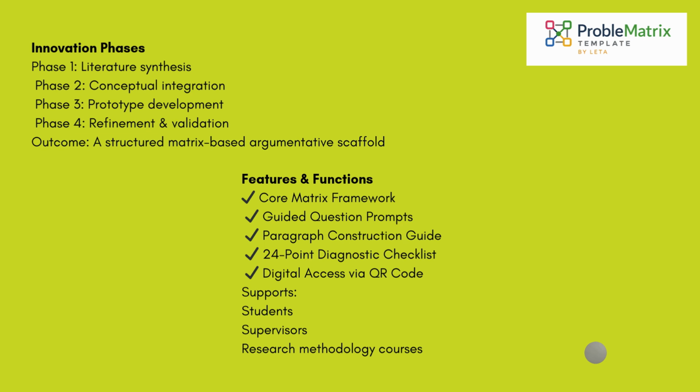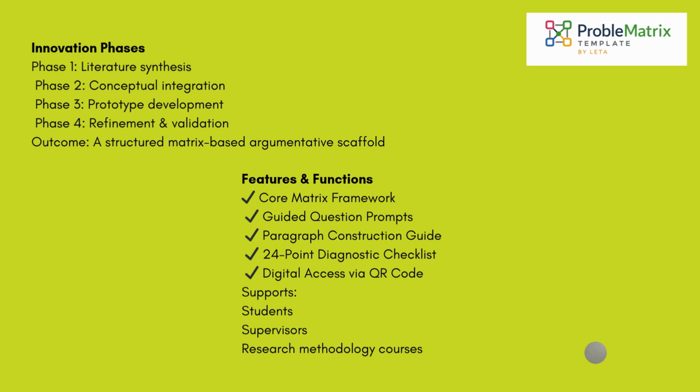Followed by phase three, which is prototype development. We transform theory into something usable: a matrix, prompts, a checklist, and a diagnostic tool, which you can find in a live worksheet or the live template. So it is not just abstract theory, but a practical application.